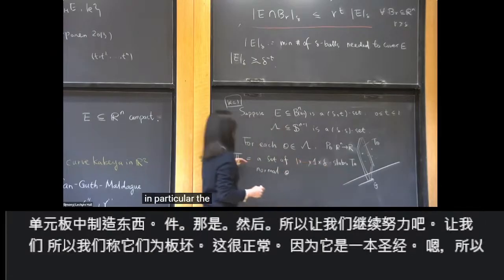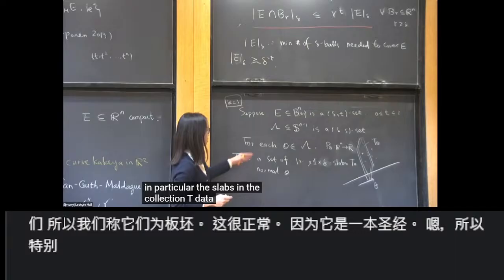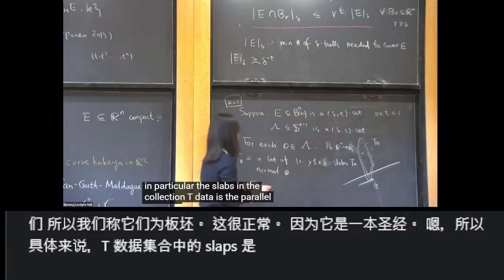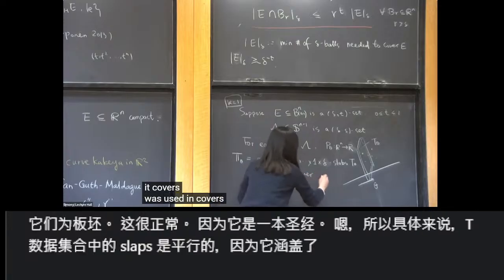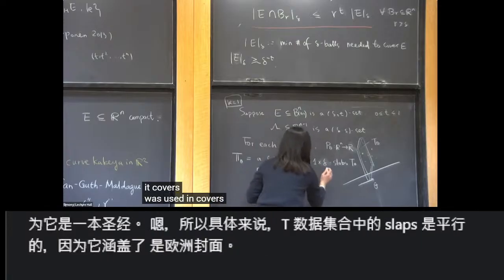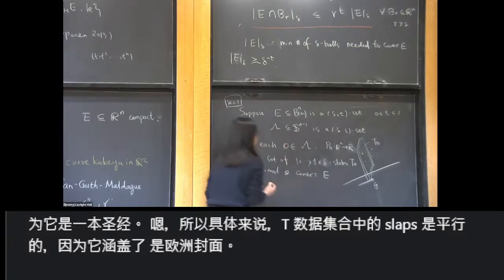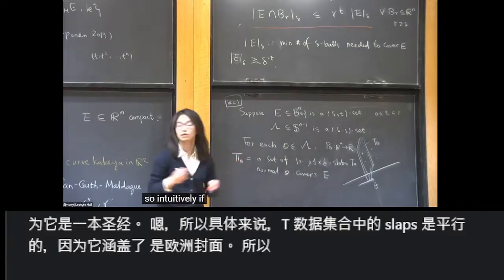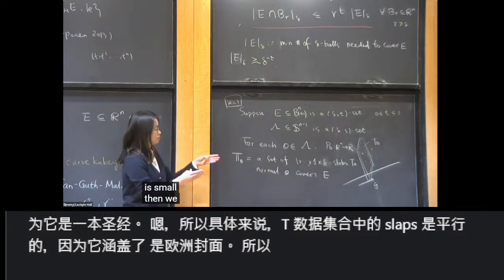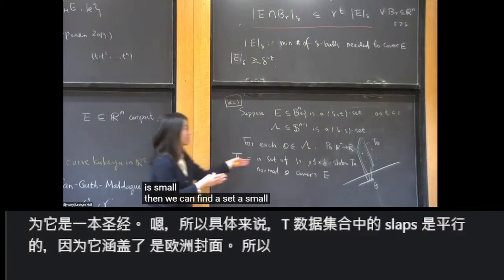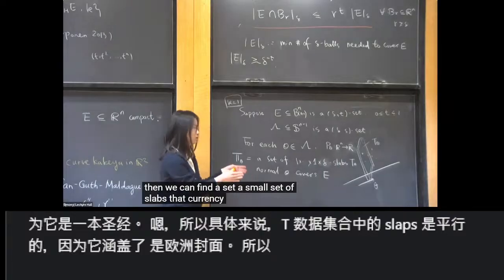In particular, the slabs in the collection T theta are parallel and their union covers E. So intuitively, if the projection image is small, then we can find a small set of slabs that covers E.